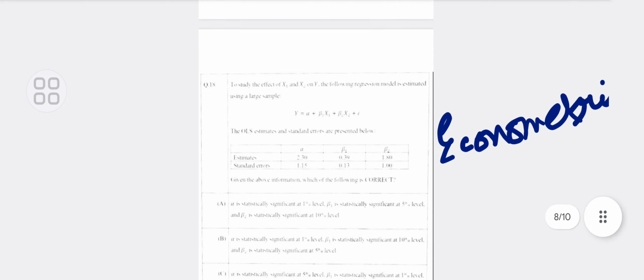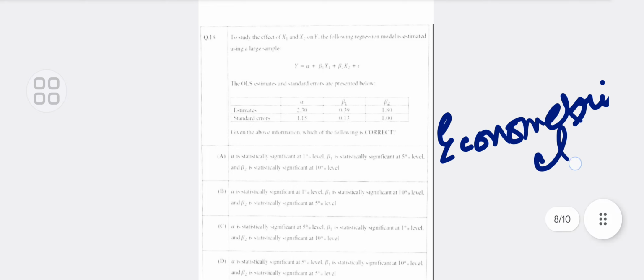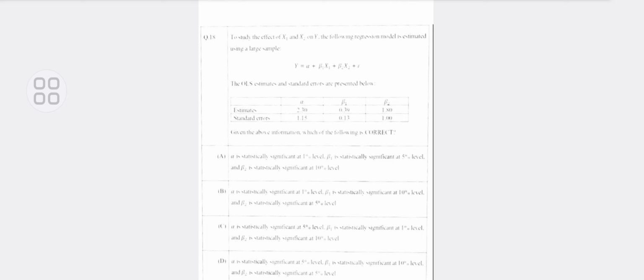This is a question on regression, which is a part of econometrics. Here we have to find out the Z statistics. Why?